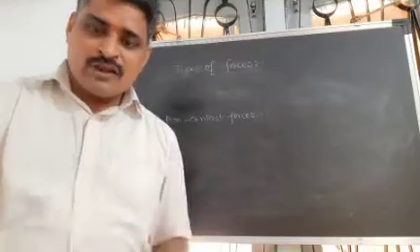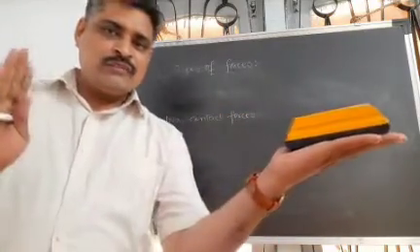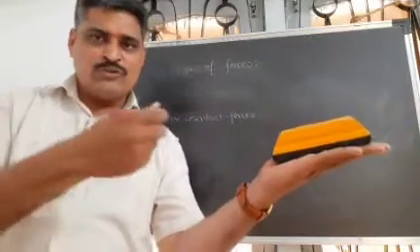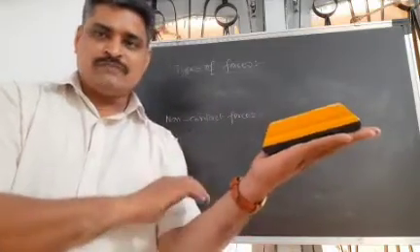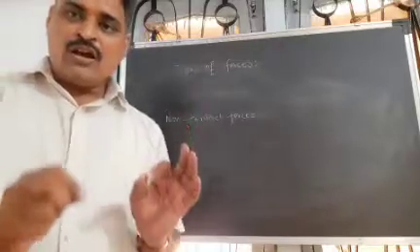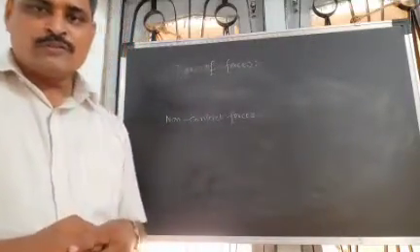In case of non-contact forces, if you place this object, there is some force agent. Due to this force agent, the object automatically starts moving either towards or away. The agent is not in contact with this. Then we can say that the force is a non-contact force.